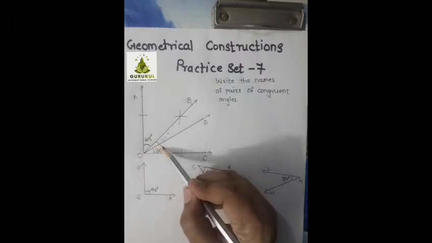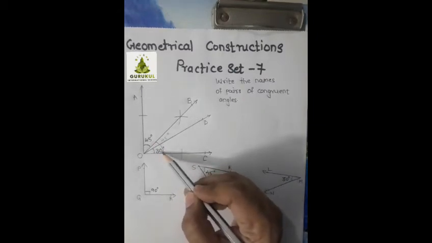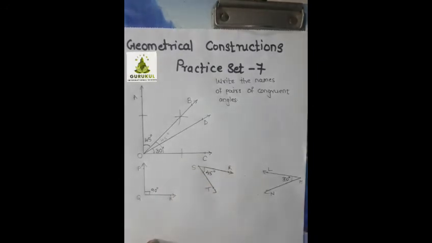Total, I am talking about this total angle, and this individual angle is 30 degrees. So one by one we will find out the answers for the given questions.